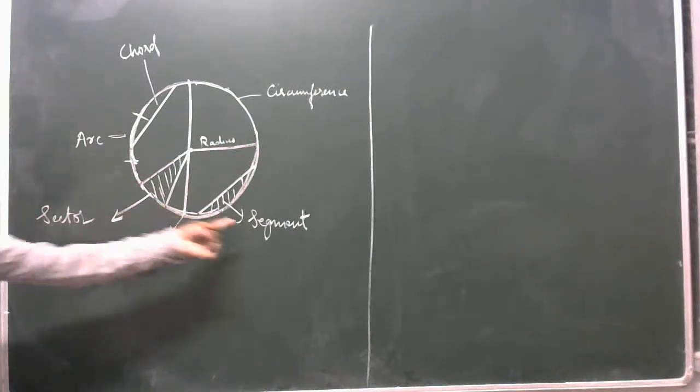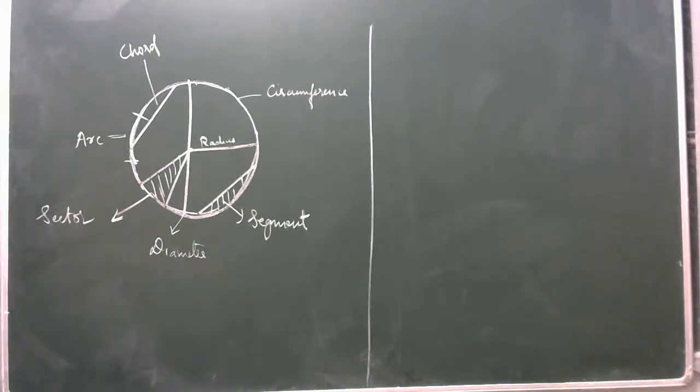What is the difference between this segment and sector? Or else we can call this a sector, right? So why is it given as segment, not as sector? Okay, Shardul, I will answer your question afterwards.